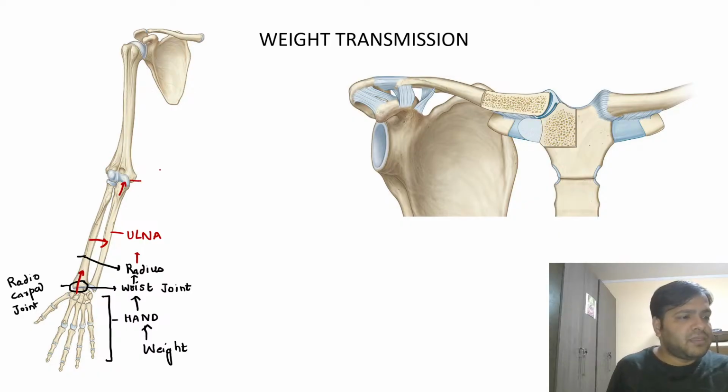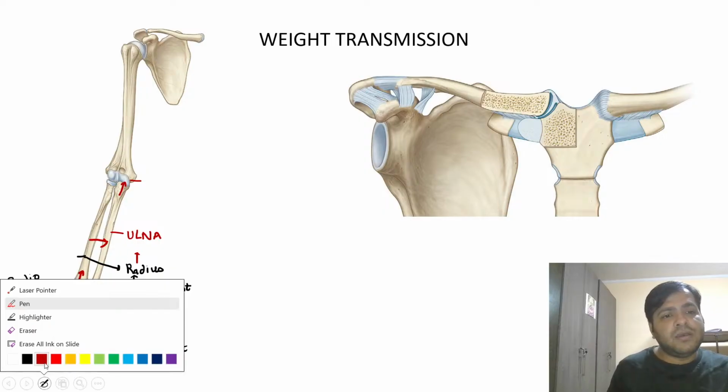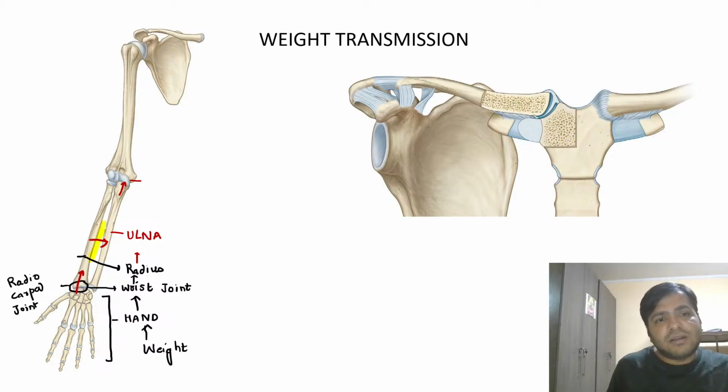Now, how does the weight from the radius come to ulna, guys? You already know that there is a ligament present between the radius and ulna.